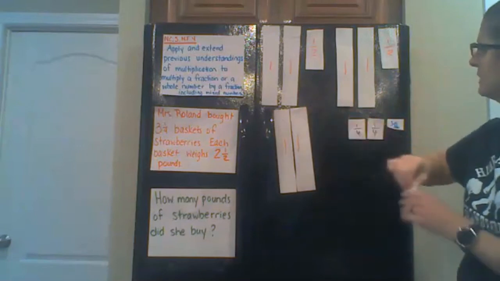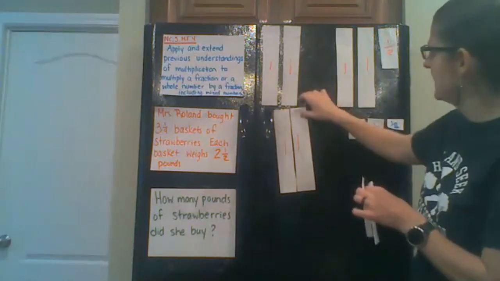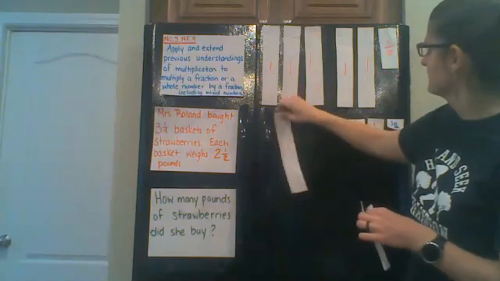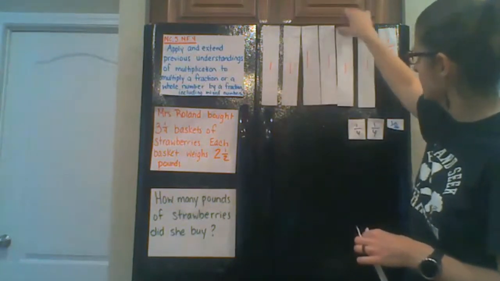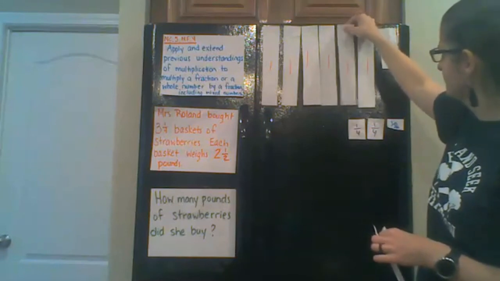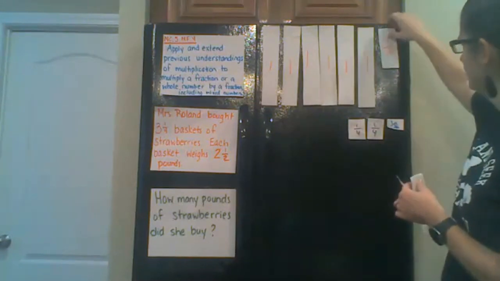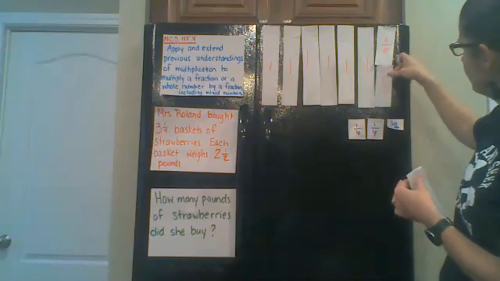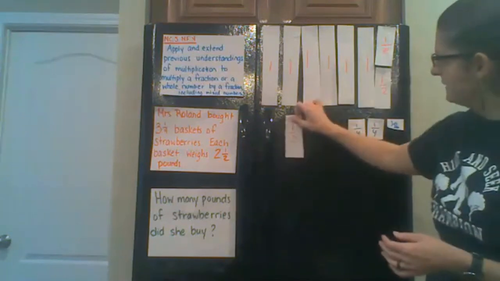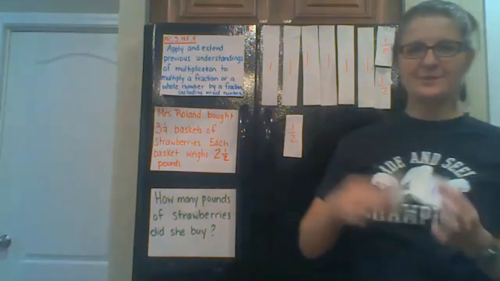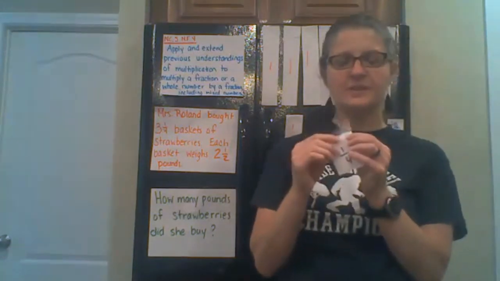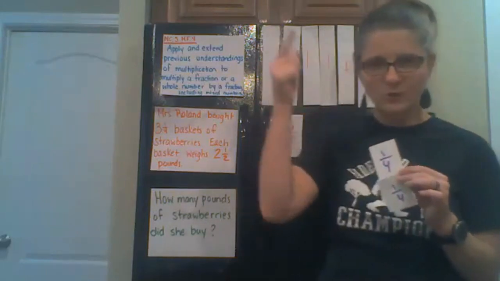So let's start putting our pieces together. I'm going to get my wholes together. And I know that 2 halves make a whole. And then I'll look at this one, and I've got a half, and I've got those 2/4 again. 2/4 is equivalent, or the same value, as 1/2.